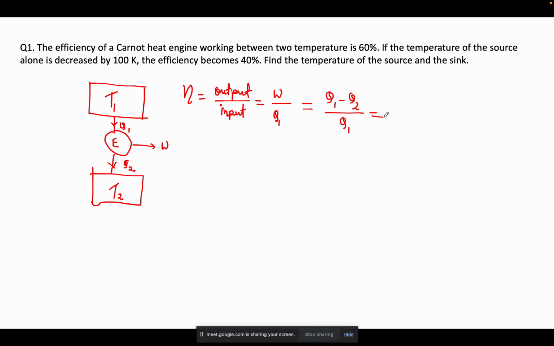Now if you further simplify it, we will get this as 1 minus Q2 by Q1. This formula is valid for all heat engines. It need not be a Carnot engine, it can be any heat engine. This formula is valid.